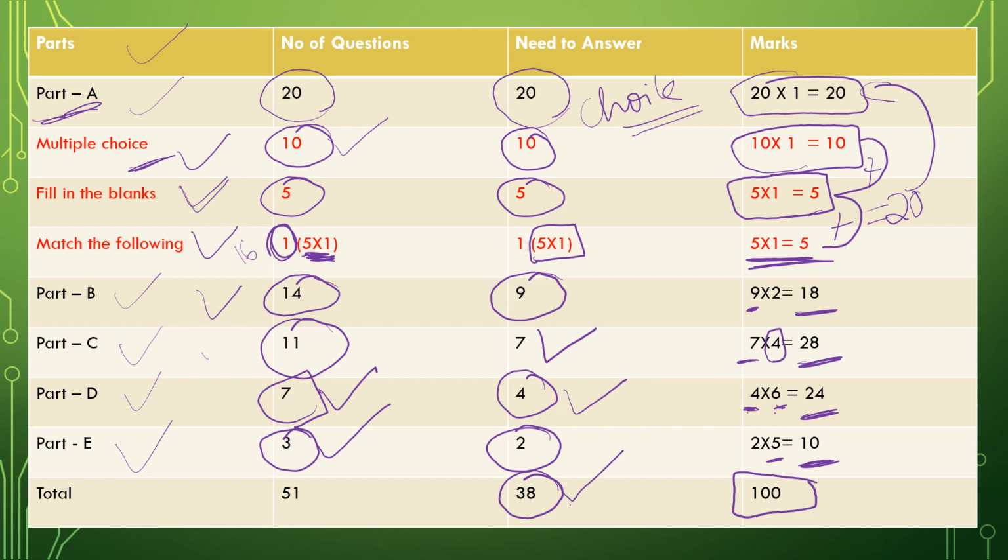But the question number given is only 1, and in that one, 5 match the following items will be there and you need to attend them. So the total number of questions will be 51. Out of 51, you need to answer 38 questions to get 100 on 100.